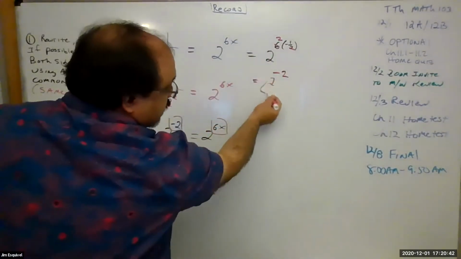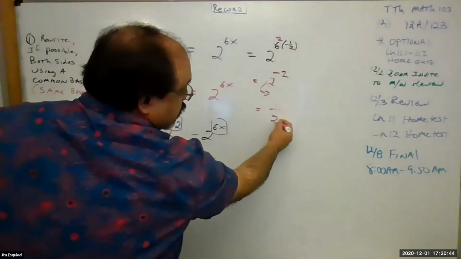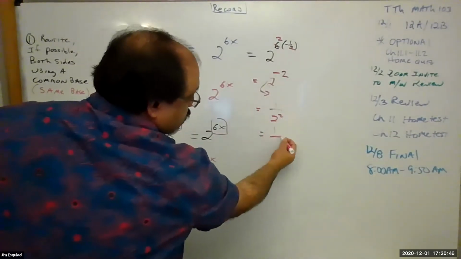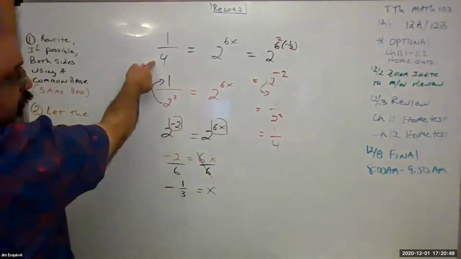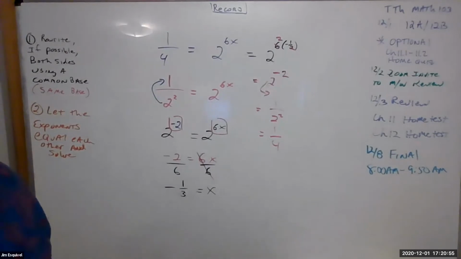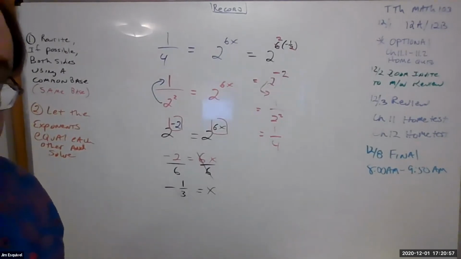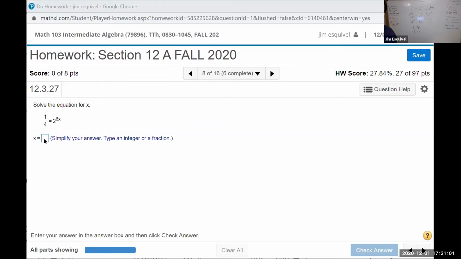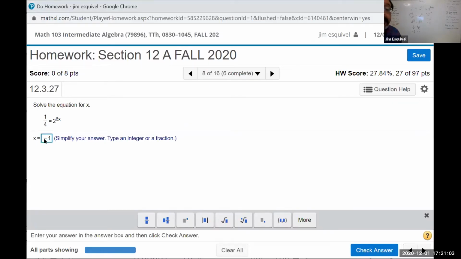And 2 to the negative 2 would be 1 over 2 squared. And 1 over 2 squared gives me 1 over 4, which is that side. If you plug it in and check it. And that's 12a. That's the homework for 12a. Negative 1 over 3.